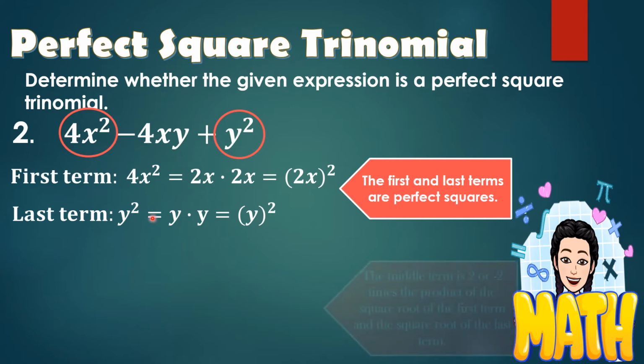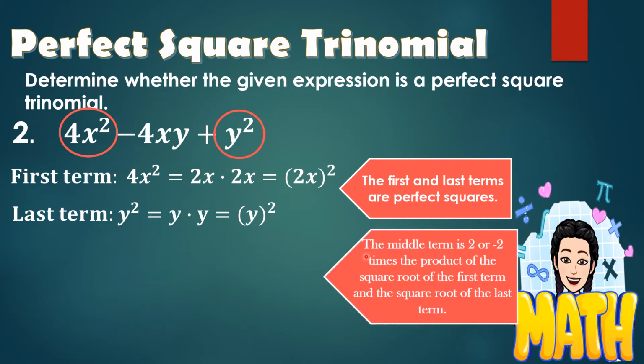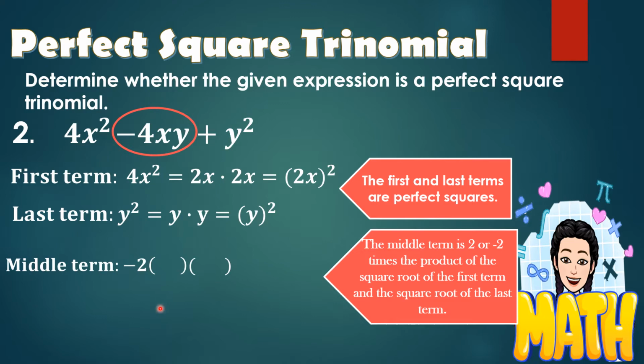Next na kailangan nating masatisfy ay ang middle term nila, which is negative 4xy, dapat ay 2 or negative 2 times the square root ng mga terms na ito. So, since negative ang ating middle term, sa negative 2 tayo magmumultiply. So, we know that the square root of 4x squared is 2x, while the square root of y squared is y.